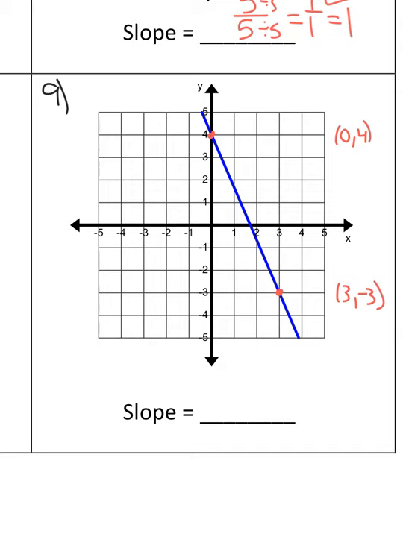Right, those are the only 2 that I see. So now we're going to go rise up, and then go to the left. So 1, 2, 3, 4, 5, 6, 7. So positive 7 up. And then 1, 2, 3. There's my negative. Negative 3 to the left. So it's a rise of 7, a run of negative 3. So my slope is negative 7 over 3.